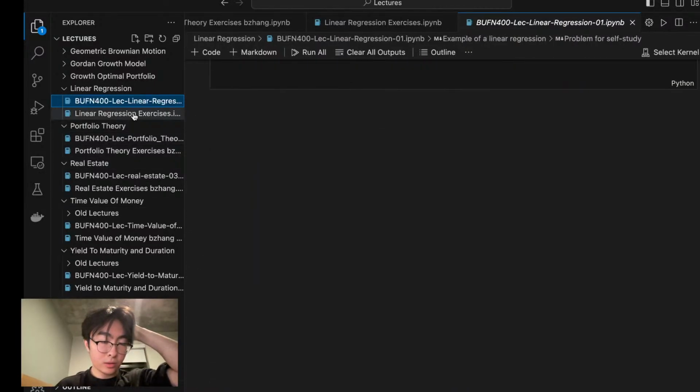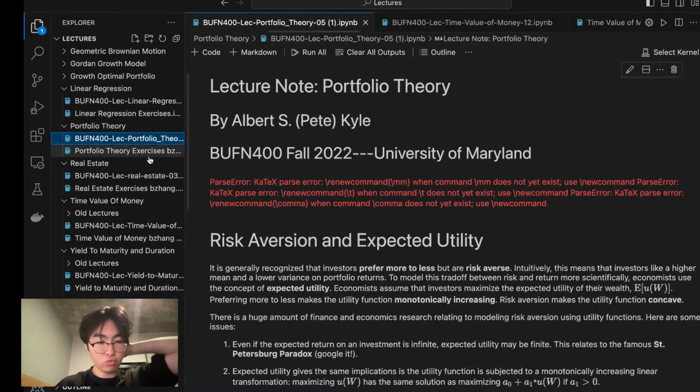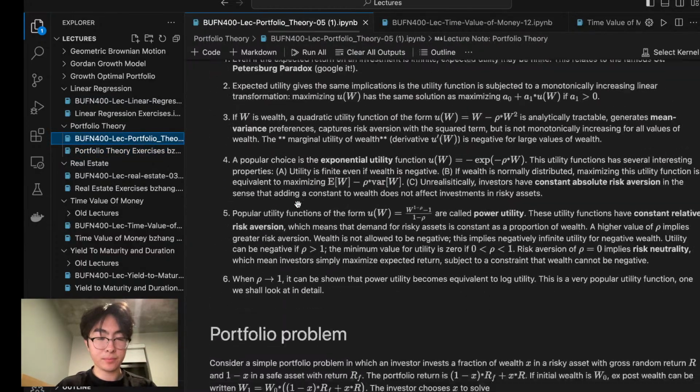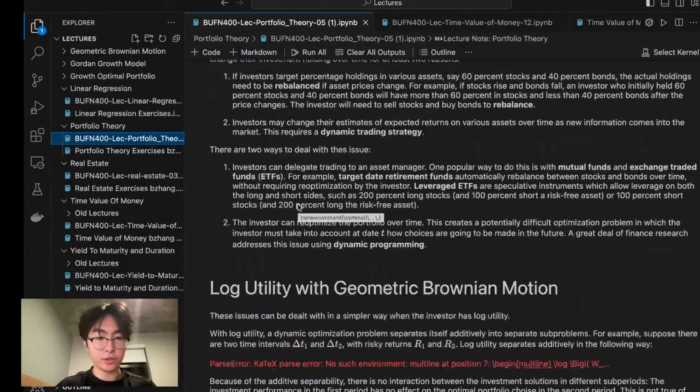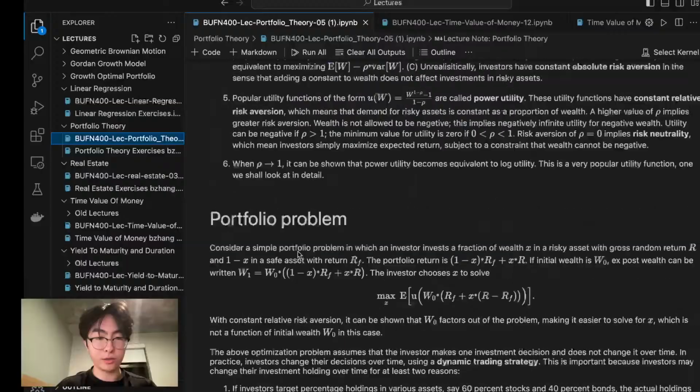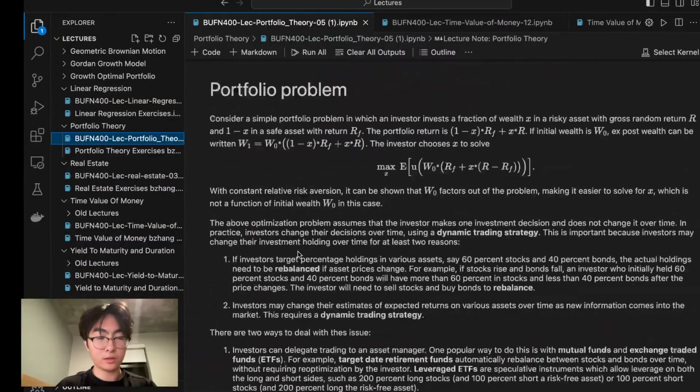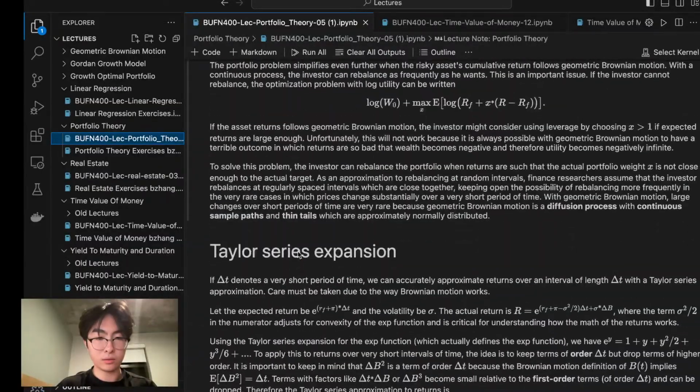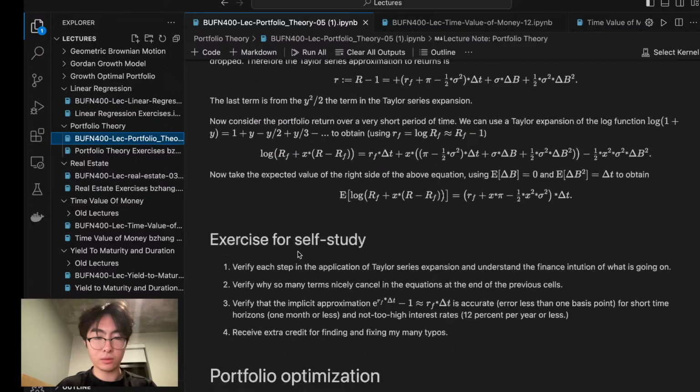Puzzle. Okay, nice. Risk aversion, log utility, Taylor series expansion. Log utility.